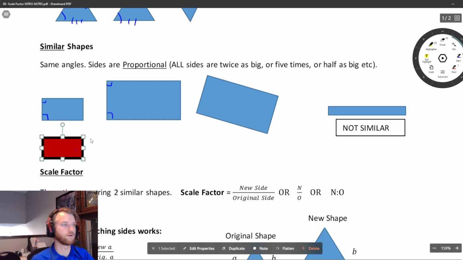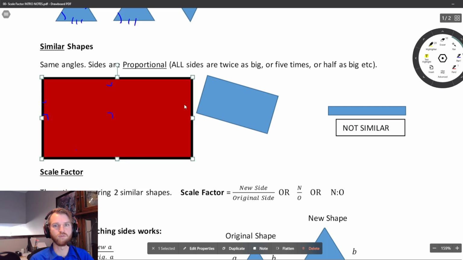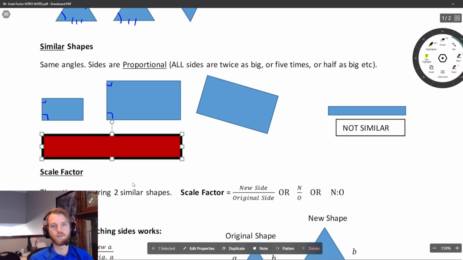You can think of it like this rectangle here. I think of it often like pictures. If I'm dragging by the corner here, it's getting wider and taller at the same rate. So this would be a similar rectangle. This would be a similar rectangle. But if I only stretch it this way, this is no longer a similar rectangle, because it's gotten maybe 3 times as wide, but it has not gotten 3 times as tall.